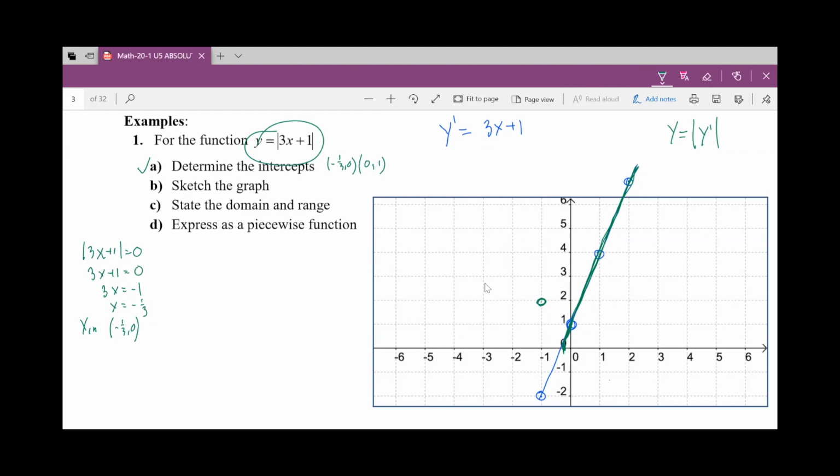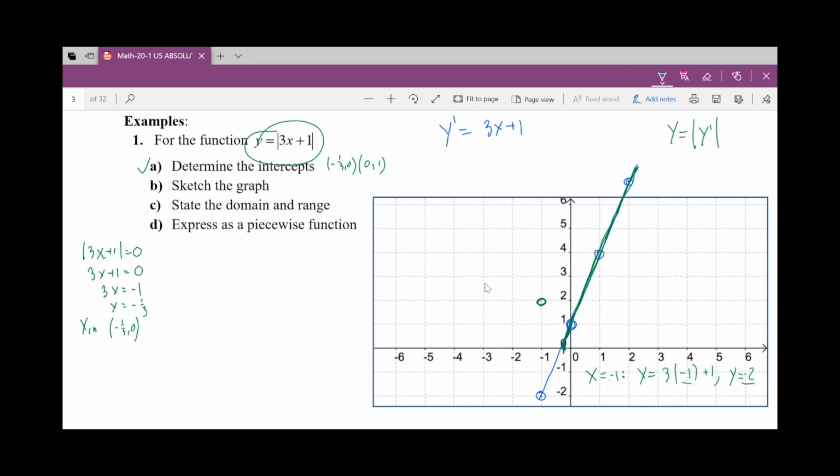Now, in case you didn't realize or remember where this negative 1, negative 2 came from, let's just plug in an x value of negative 1 into the original equation, which was 3x plus 1 equals y. So y is going to be equal to 3 times negative 1 plus 1. In other words, y is going to be equal to negative 3 plus 1, which is negative 2. So there's our point. x equals negative 1, y is going to be negative 2.